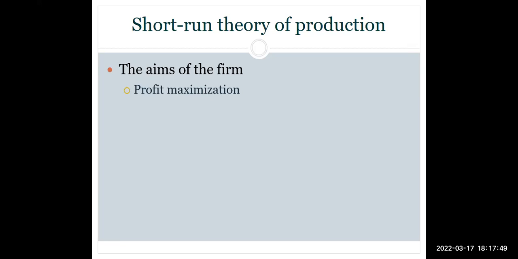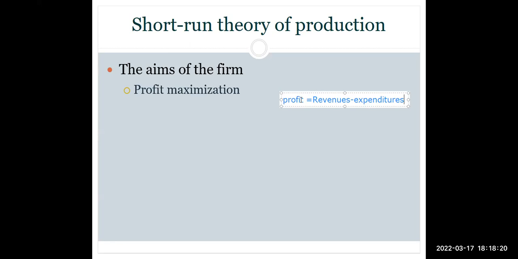But being a producer, you actually want to maximize your profit. And profit is equal to revenues minus expenditures. So you want to either increase your revenues or decrease your expenditures to increase your profit, and you want to get the maximum profit possible.